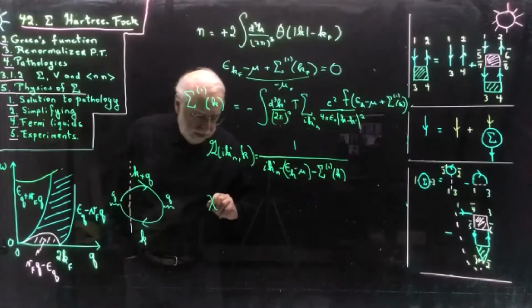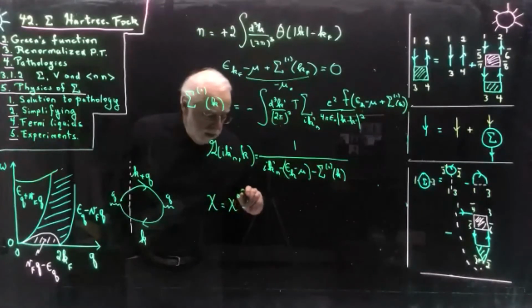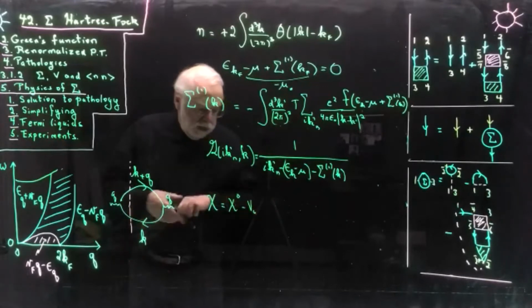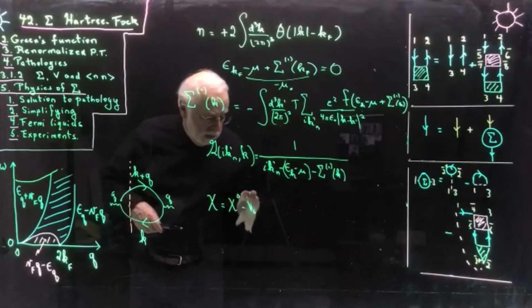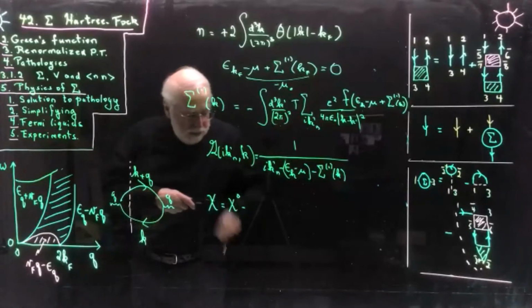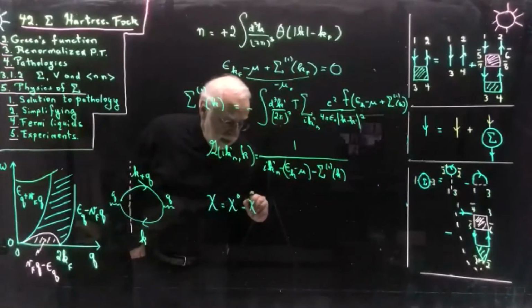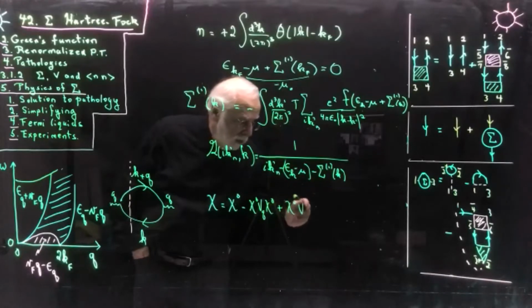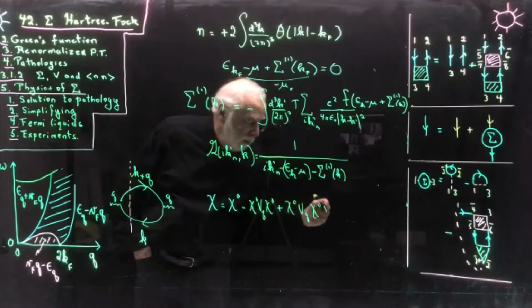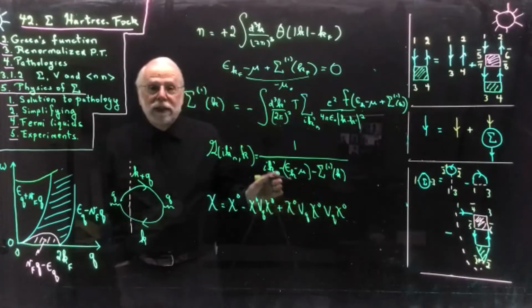We would get that the susceptibility is the bare susceptibility, minus chi0 VQ chi0, plus chi0 VQ chi0 VQ chi0, which as you can see is a real disaster.